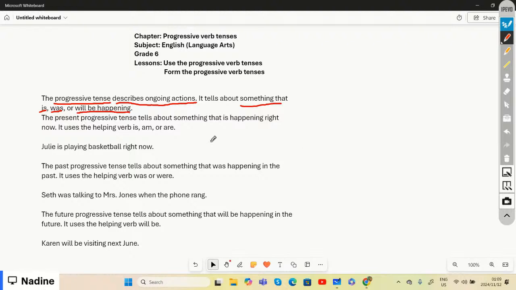All right. Now, the present progressive verb tense. Present means now, something that takes place now, something that is happening now.